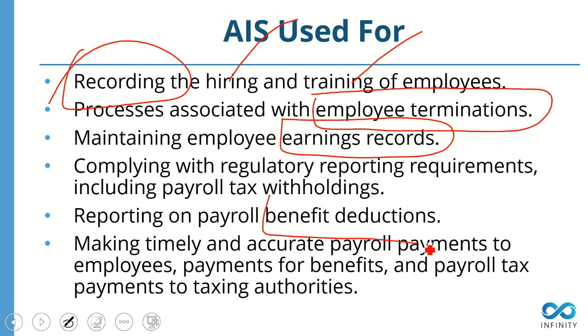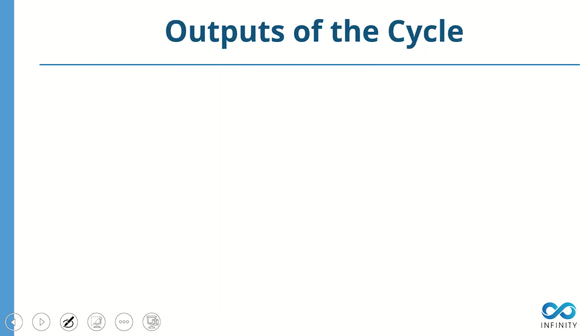Reporting on payroll benefit and deductions. Making timely, accurate payroll payments to employees, like payment for benefits and payroll tax payments to tax authorities. All these need to be paid on time. That can be done with the help of AIS.